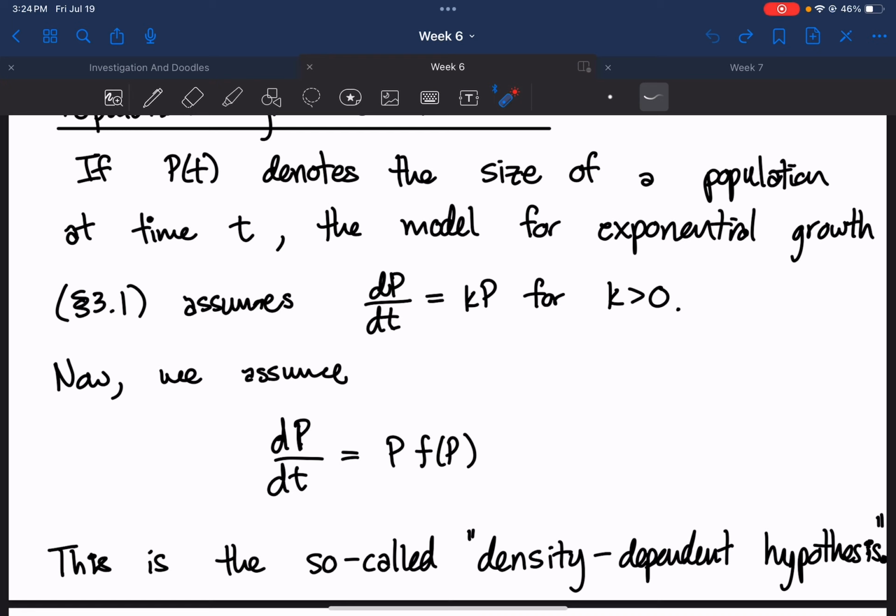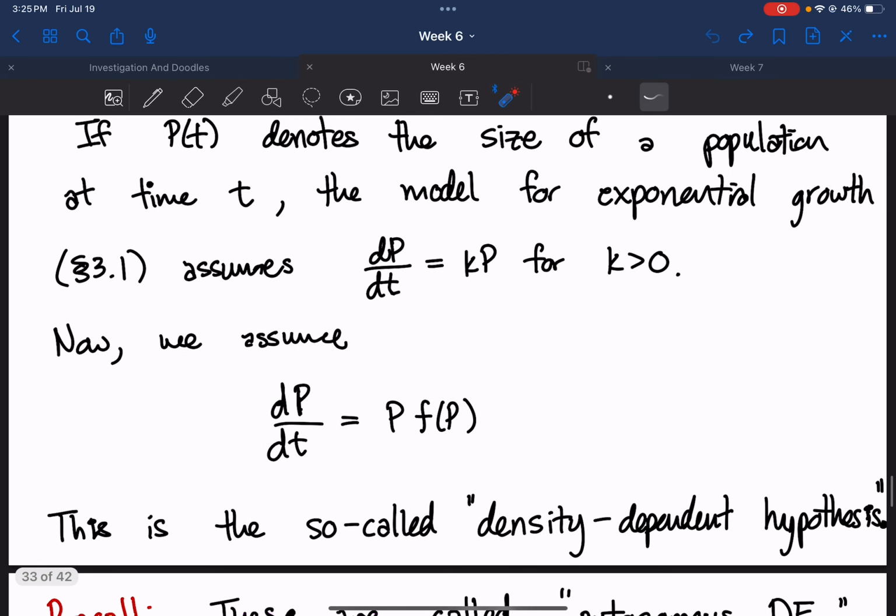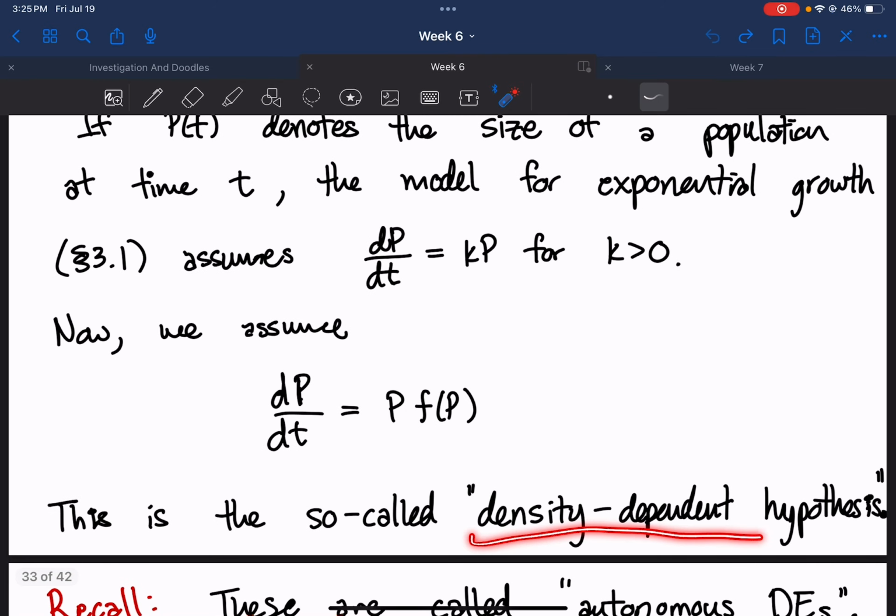So instead of a constant, it's a function of the current population. Now instead of k, we have this f(P). This is the so-called density-dependent hypothesis of population dynamics.